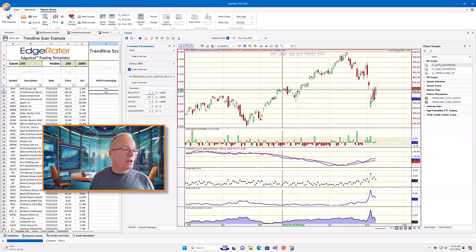Tom was asking, are you planning to create a version that updates in real time? Well, as I said at the beginning, EdgeRater is an end-of-day program, but you do have that ability to link with Thinkorswim. If you have Thinkorswim hooked up, it will update those trend lines in real time.